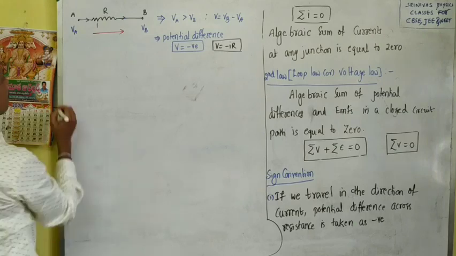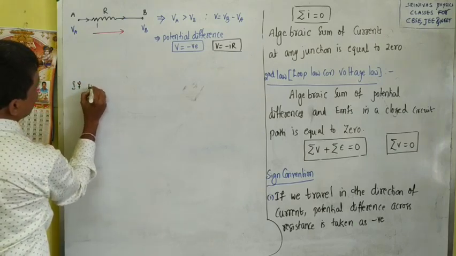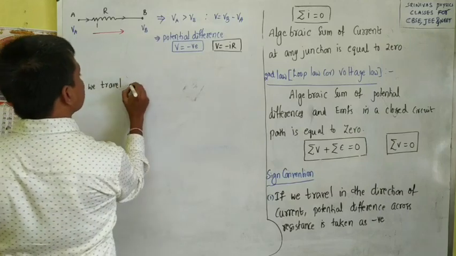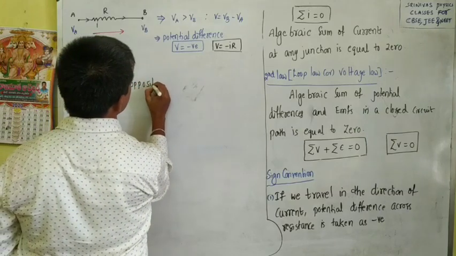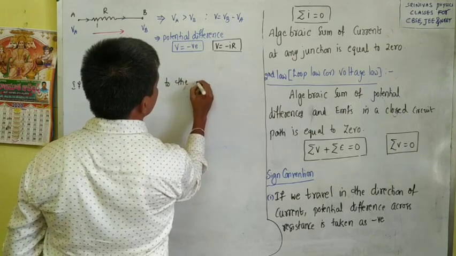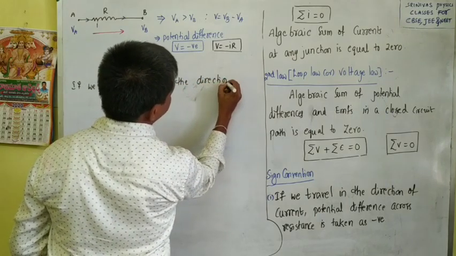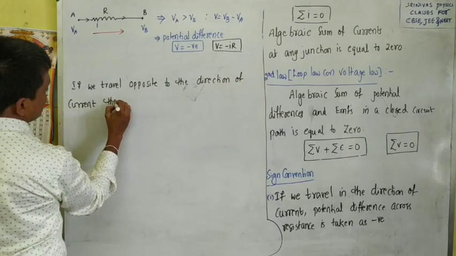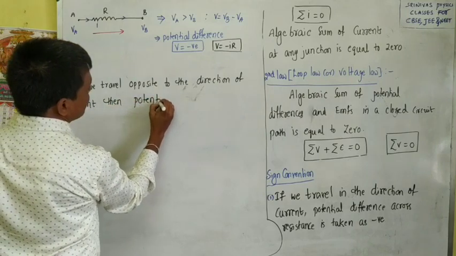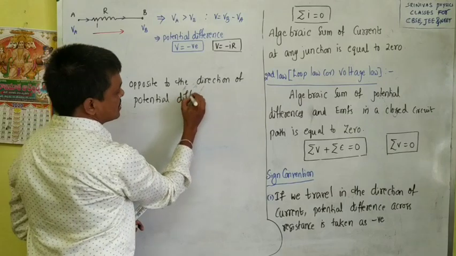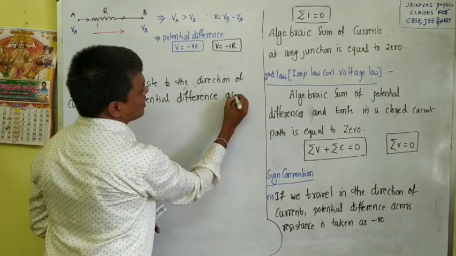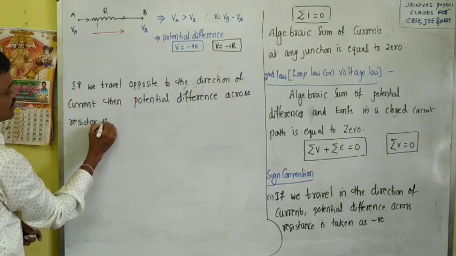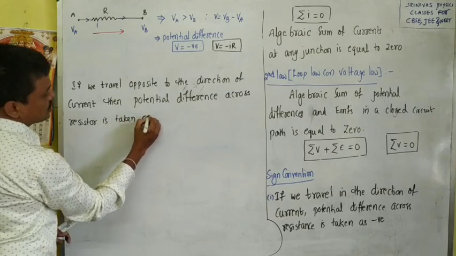And in the same thing, if we travel opposite to the direction of current, then the potential difference across the resistor is taken as positive.